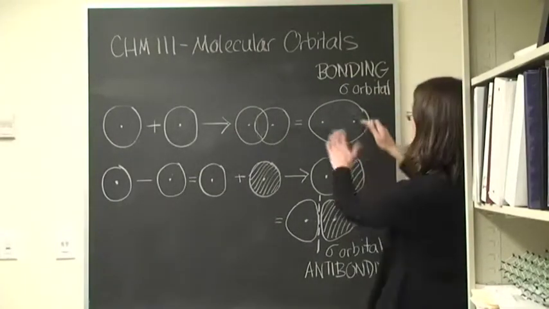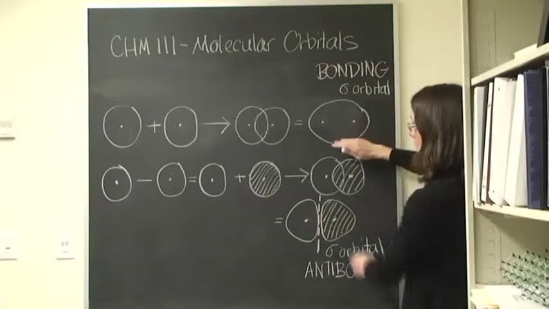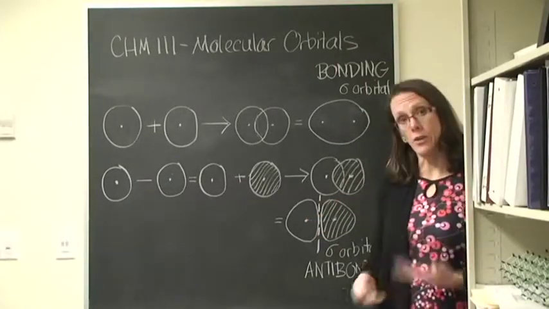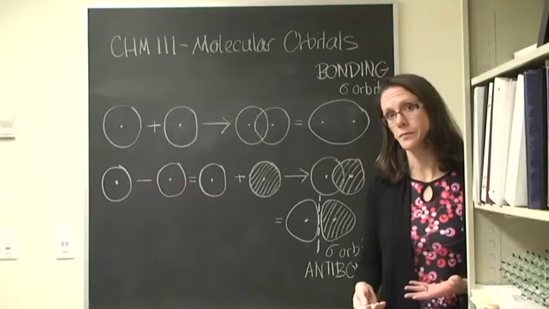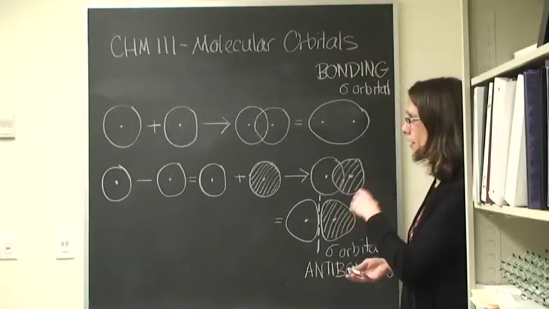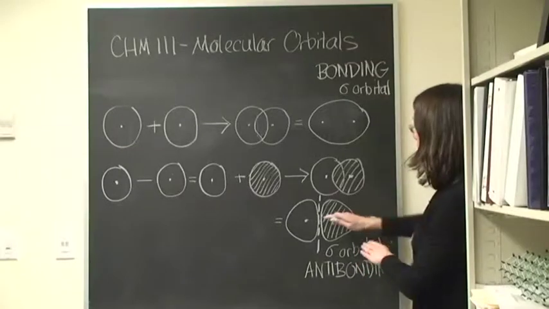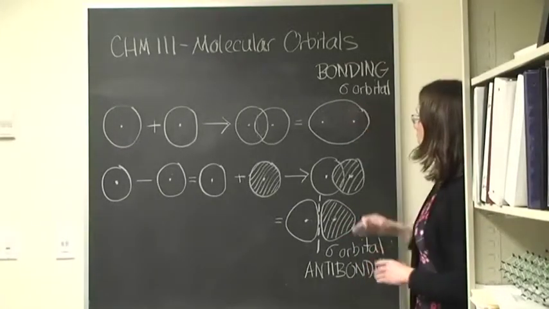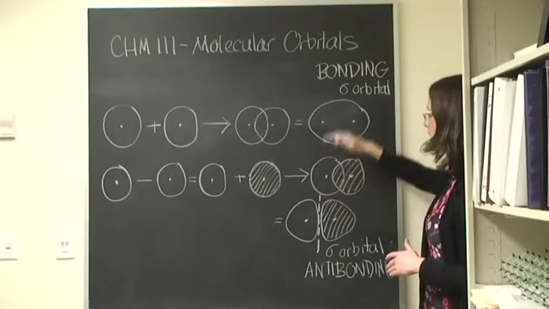So this shows you spatially where the electrons are in both a bonding and an anti-bonding orbital. I now want to talk about energetically where those electrons are. So before I erase this and draw an energy level diagram, I want you to look at these two pictures and think about which of these is higher in energy.